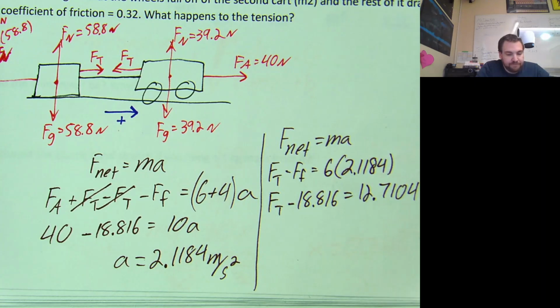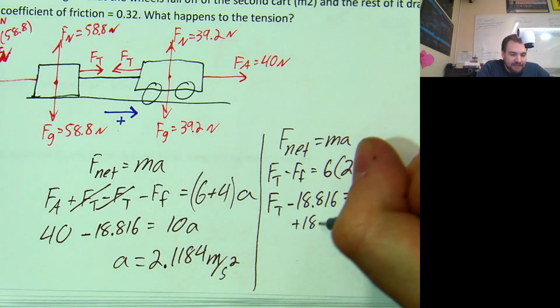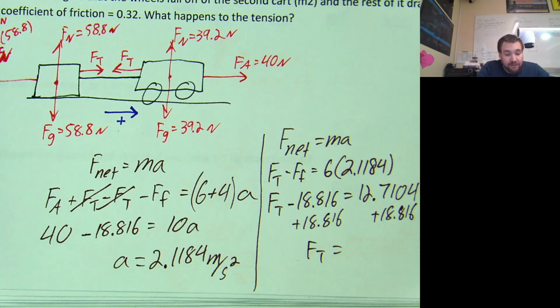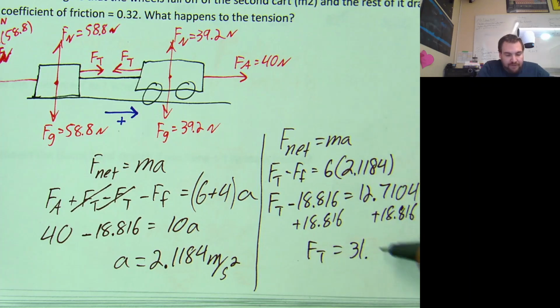12.7104. And I'm going to add 18.816 over to both sides. So I'm going to get Ft, yes, Luis, you're right, 30 point something, 30.5264 newtons.